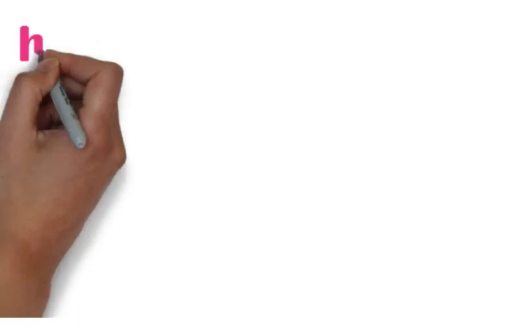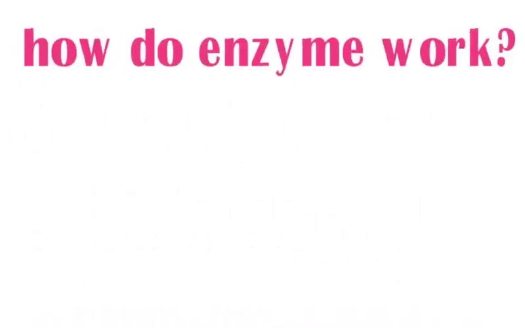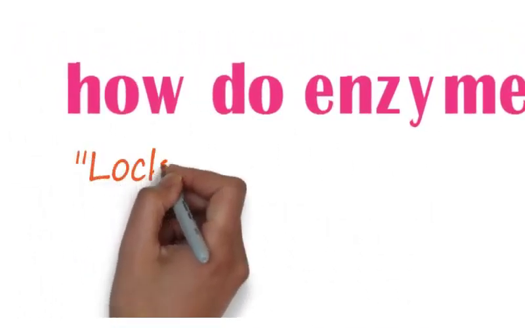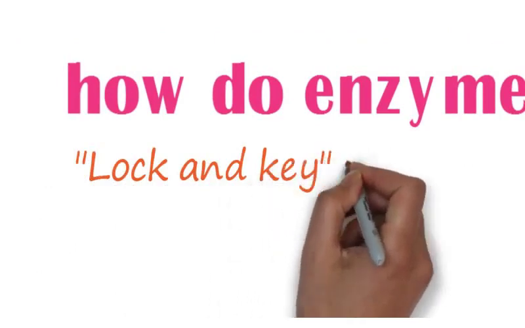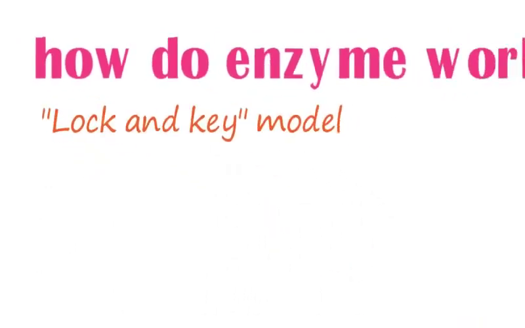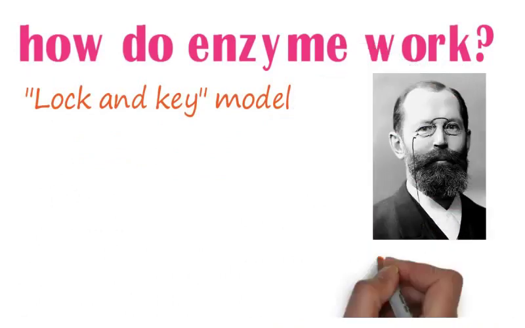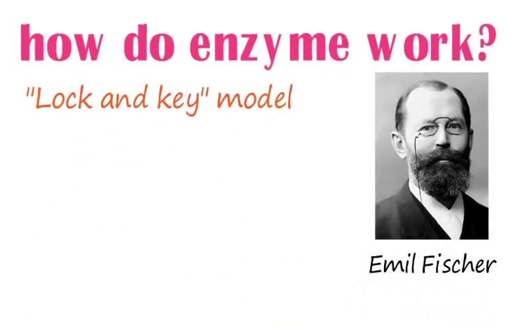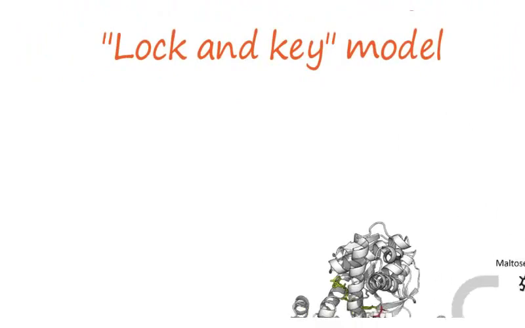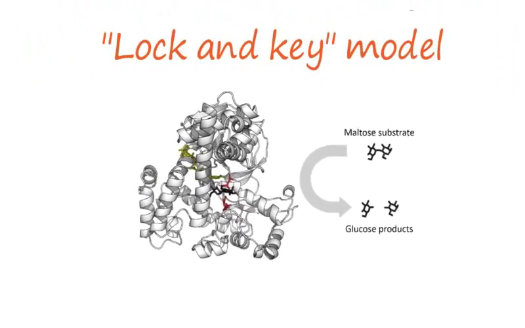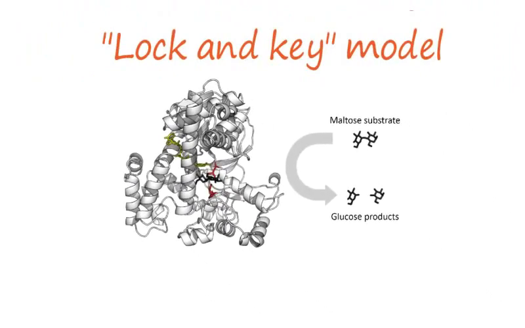Now, how do enzymes work? The first hypothesis is the lock and key hypothesis. Emil Fischer in 1890 suggested that each enzyme had a particular shape into which the substrate fit exactly. This was known as the lock and key hypothesis.